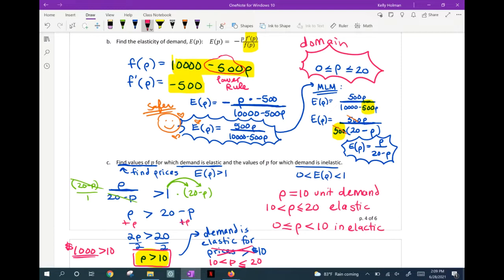Any questions on that? And if that logic was too big of a jump, you could just redo the algebra. You could start over here and put your rule, P over 20 minus P, greater than 0 and less than 1, and do the algebra on this, and you'll end up getting this interval right here.